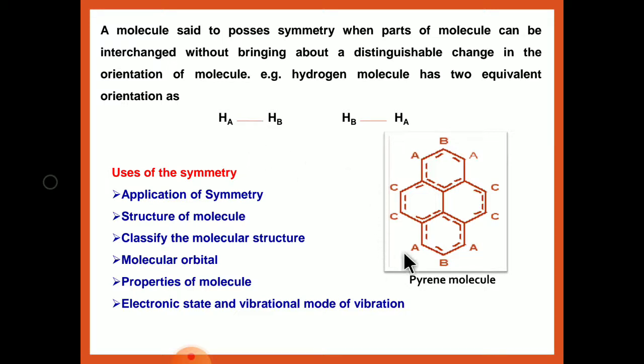Second example of symmetry is the pyrene molecule. In the pyrene molecule there are three sets of equivalent hydrogens.